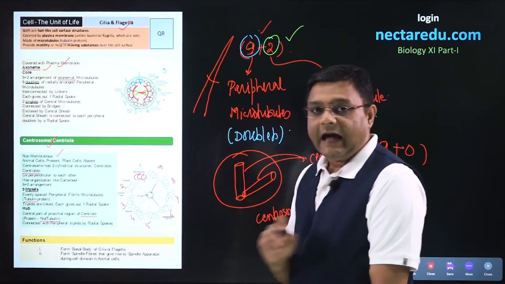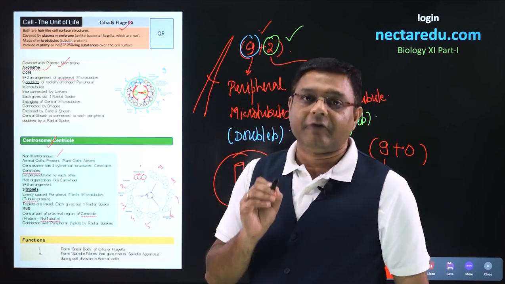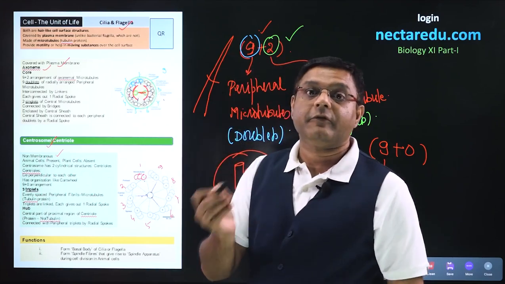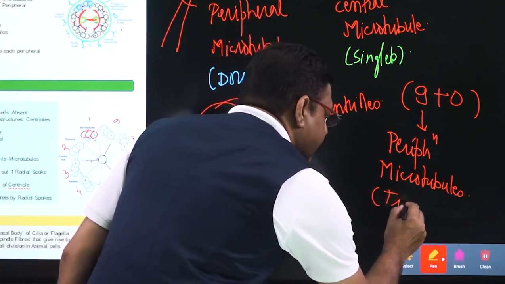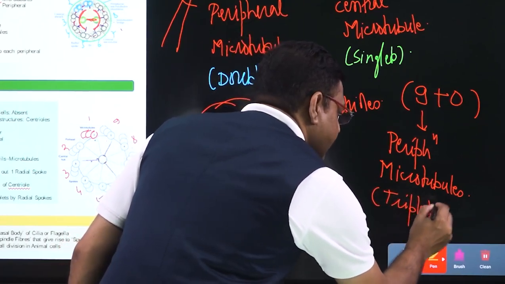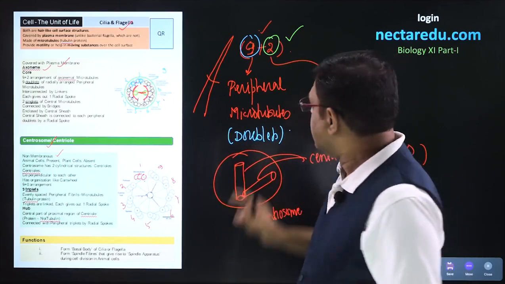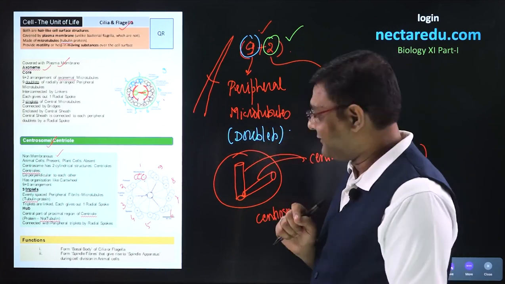But the difference lies in the fact that here every microtubule is in the form of triplet. There every microtubule was in the form of doublet. So this is the difference between the structure of the two. Number is 9 in both, but there doublets are there and here triplets are there.